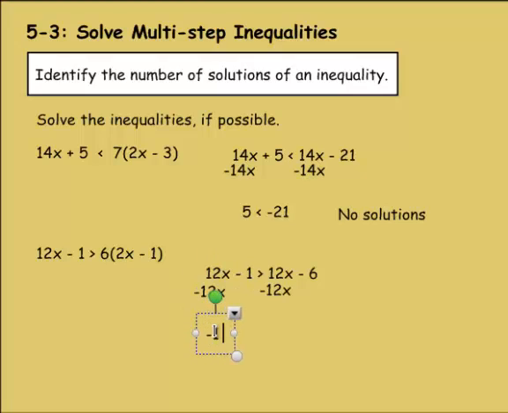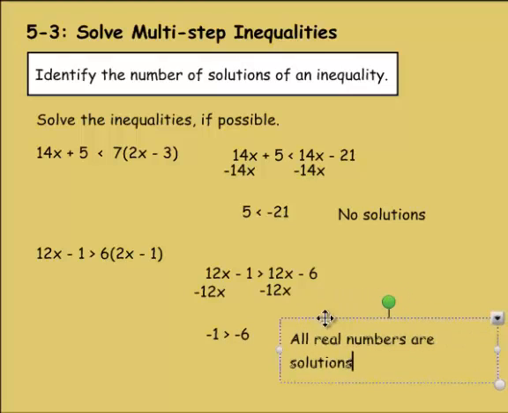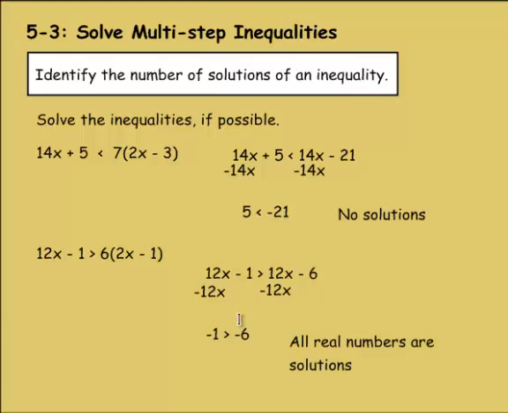So I have negative 1 is greater than negative 6. Well, I know this would be a true statement. So no matter what numbers I plug in for x, it's going to be a true statement. So we're going to say all real numbers are solutions. You can plug in any number you want and that would come out to a true statement.